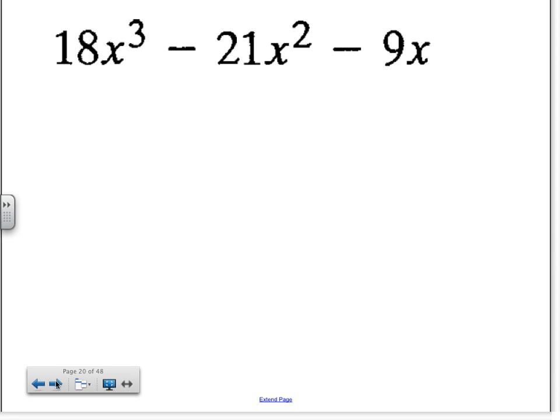Just go ahead and do it. Yeah, all three. Do the ladder.